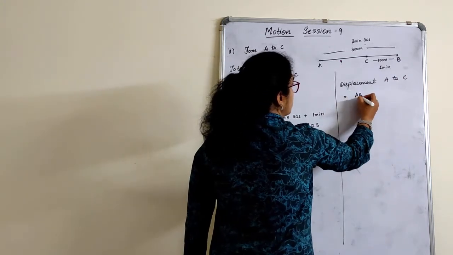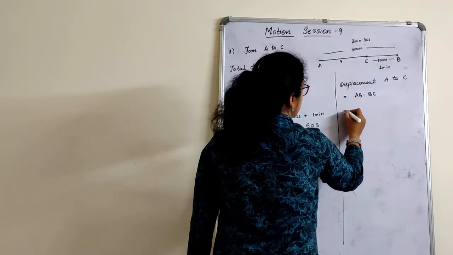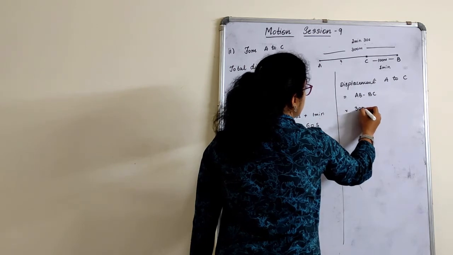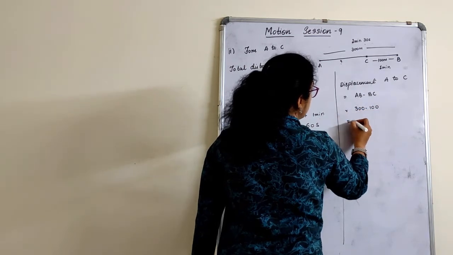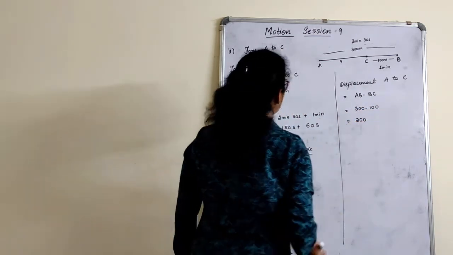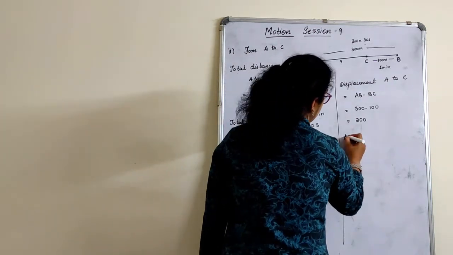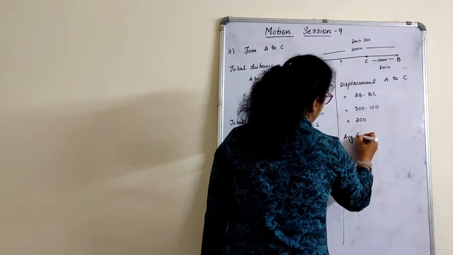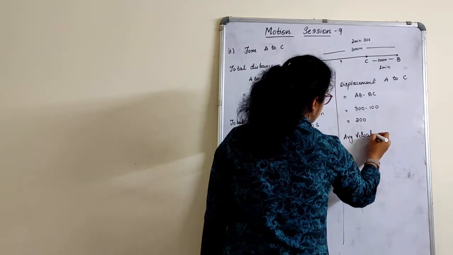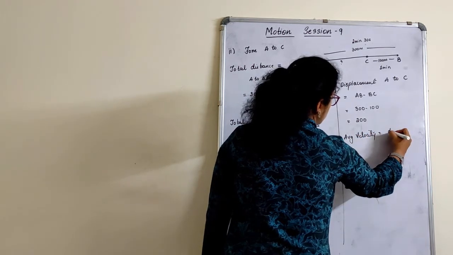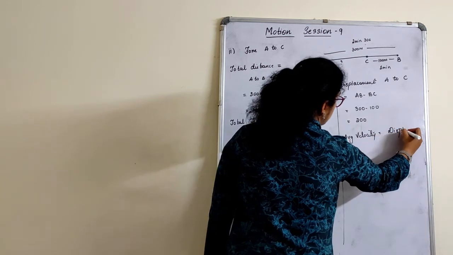Whole AB minus BC. So it is 300 minus 100, displacement is 200. Time taken is the same, time taken will not change. Now write average velocity is equal to displacement.